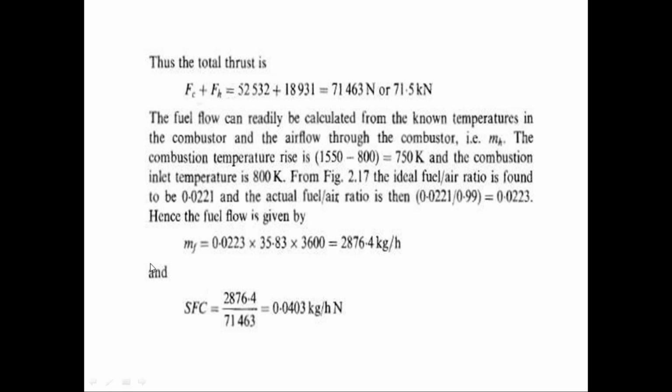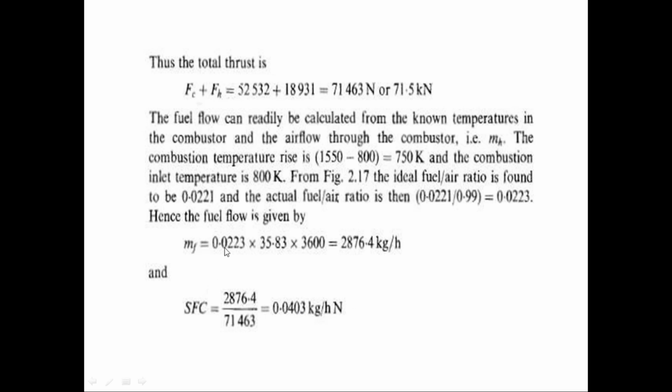And of course, for the specific fuel consumption, there has to be the proper way to write it. A specific fuel consumption is written in terms of the mass flow rate divided by the total thrust. So this will come out to be 0.0403 kilogram per hour into Newton.